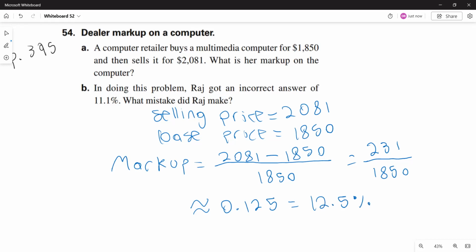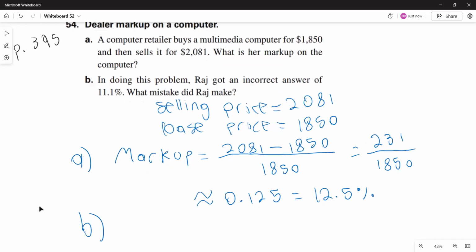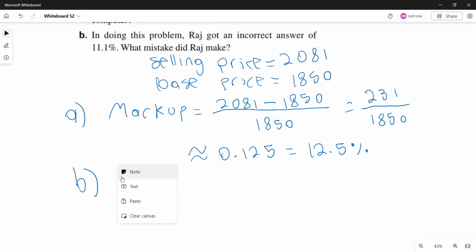In doing this problem, Raju got an incorrect answer of 11.1%. What mistake did she make? Her mistake was dividing by the selling price. So that was A. In B, she incorrectly divided by the selling price.